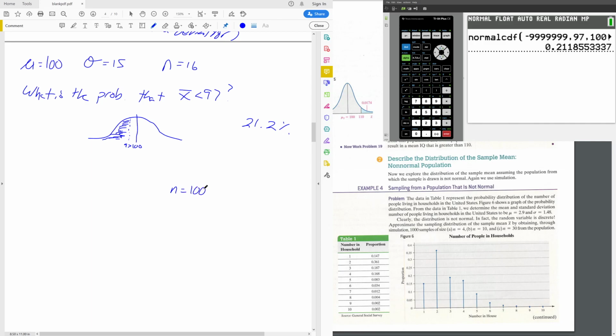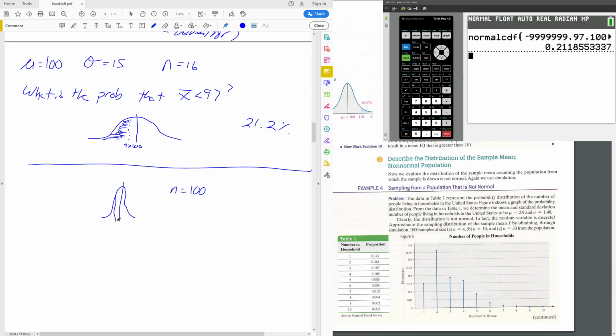What do you think is going to happen if I take this same situation and I make it 100 people? So same situation, but now I have 100 people that I'm sampling. What do you think is going to happen to that probability? Same question. So if I'm sampling more people, this distribution becomes squished in, right?